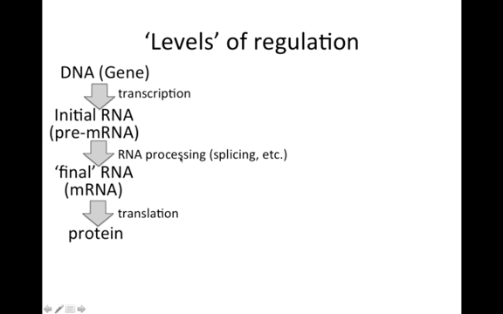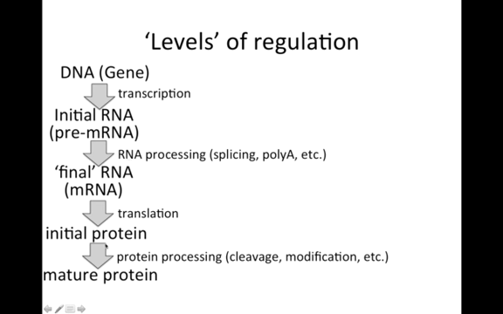Generally, we can call this RNA processing. And then finally, we have going from the initial protein to the mature protein, so protein processing, which you may have learned about in some of your other classes, where the initially produced protein is further modified by cleavage or addition of chemical moieties to lead to a mature protein.